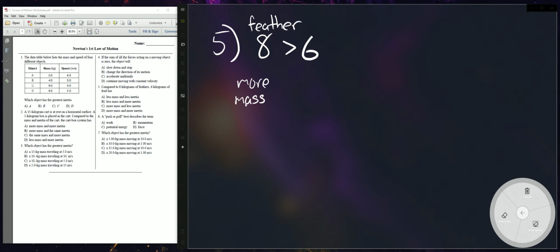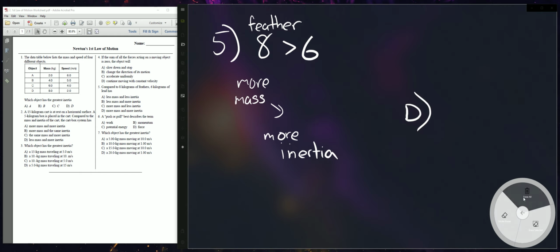It's going to be either C or D, but we also know more mass means more inertia. And so it's going to be D.